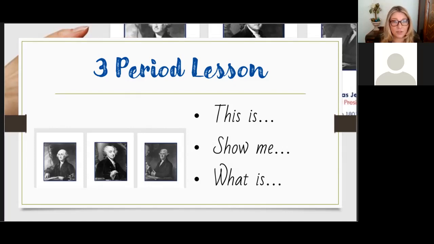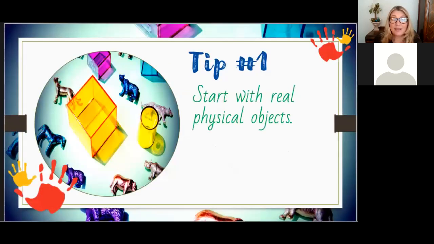Okay, and the first tip to make the 3-period lesson most effective is to start with actual physical objects. Sometimes, in the case of something like a president, you don't have that physical person there, but we can have a picture representing that.